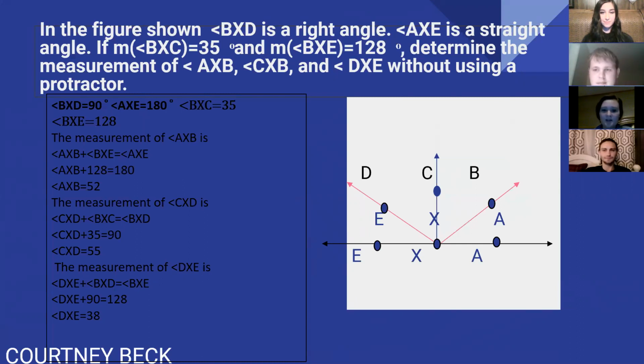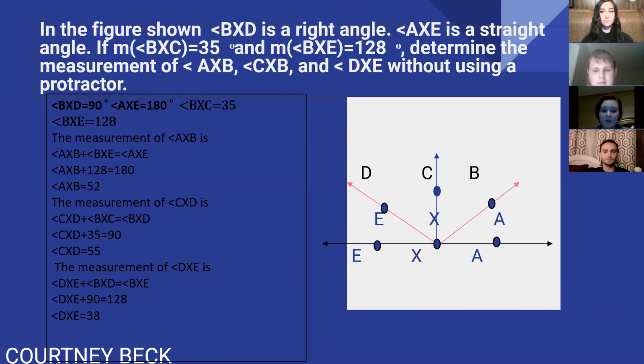Since we know the angle BXC and the angle BXD, we will plug in the values. So CXD plus 35 equals 90 degrees. So 90 minus 35 is 55, so angle CXD is equal to 55.